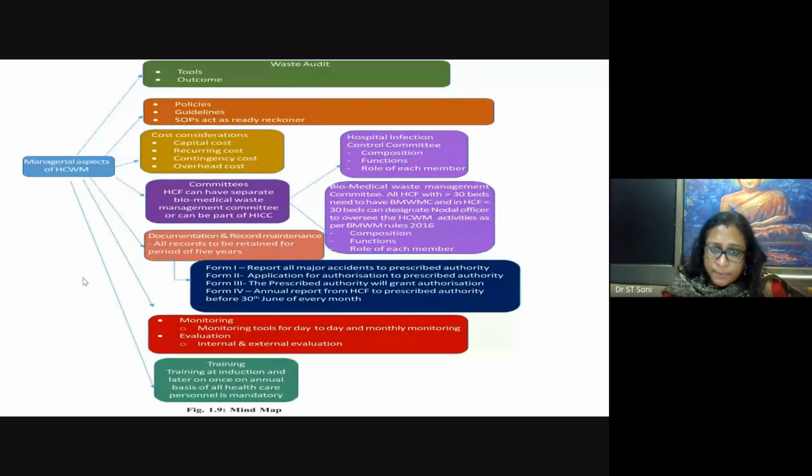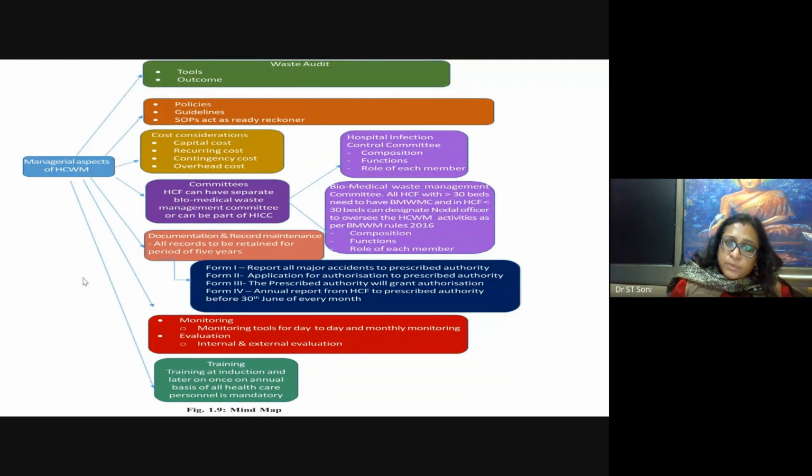Form 1 is if any accident happens, and Form 4 is the total, category wise, of what you have generated and how you have disposed it. This is all supposed to be submitted to the State Pollution Control Board, and they are monitoring it.